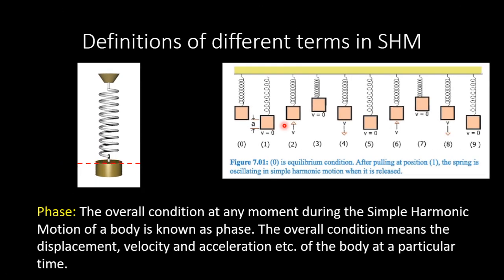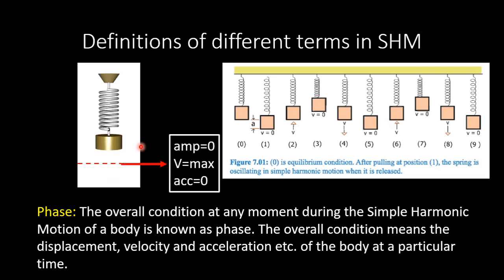And now we are talking about phase. What is called phase? The overall condition at any moment during the simple harmonic motion of a body is known as phase. The overall condition means the displacement, velocity and acceleration etc. of the body at a particular time. As the object has simple harmonic motion, it has different values of amplitude, velocity and acceleration at different positions.